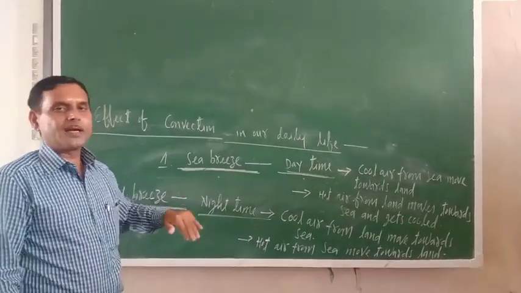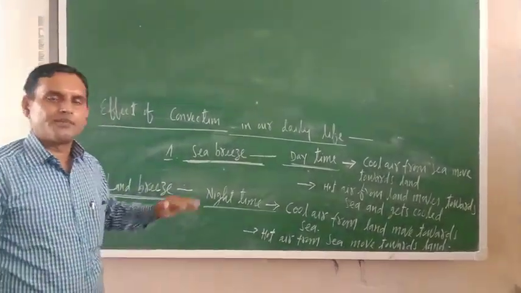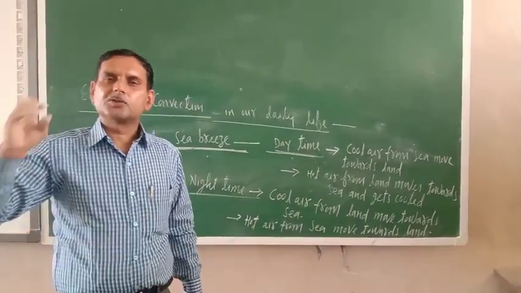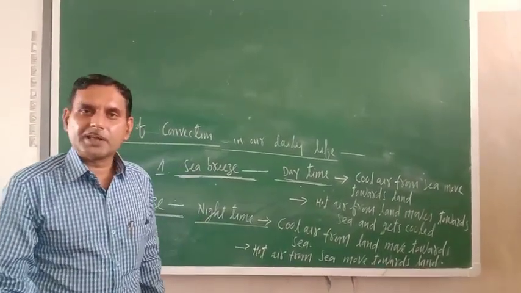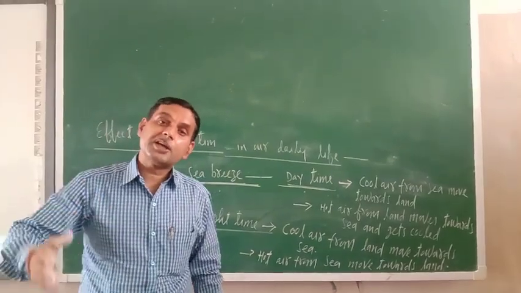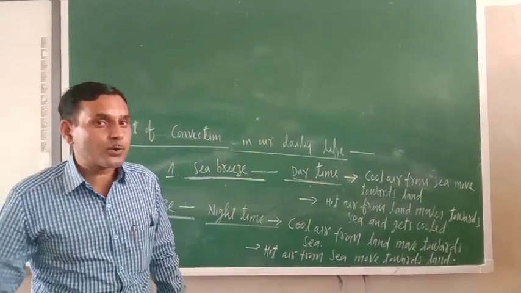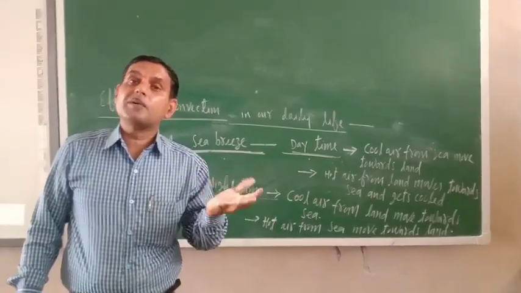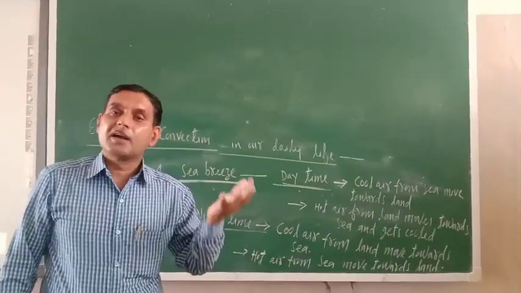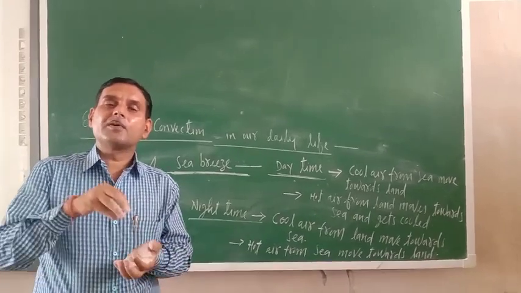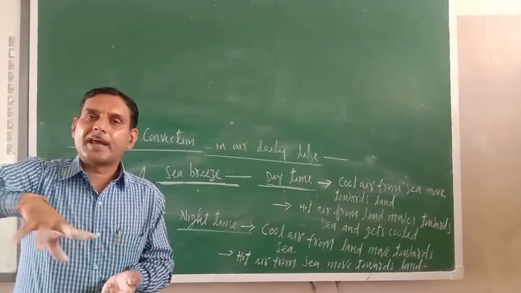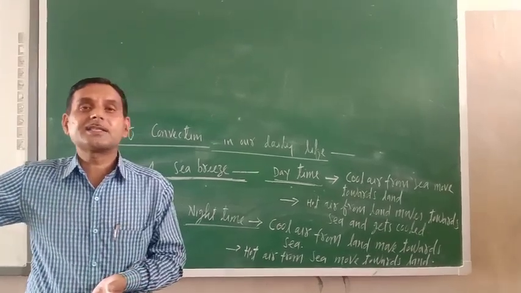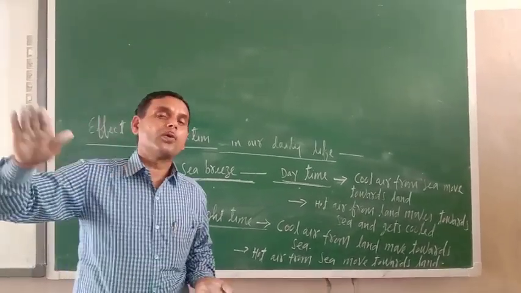In the night time, the reverse phenomenon occurs. In night, what is there? Sun rays are not there. So what would be there? Land gets heated up fast and gets cooled fast. It means in the night time, land will be cooled very fast, and when land is cooled fast, the air around the land will also cool, while the sea water will cool a bit late.